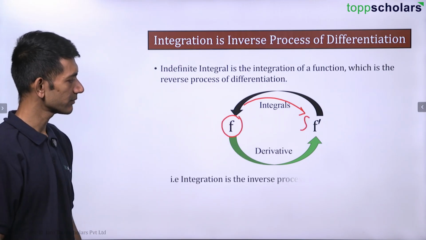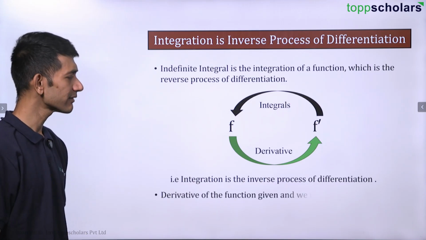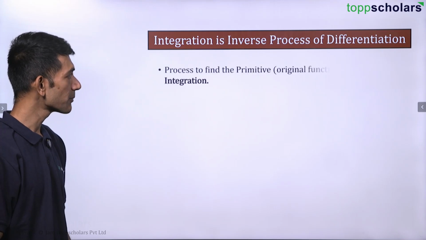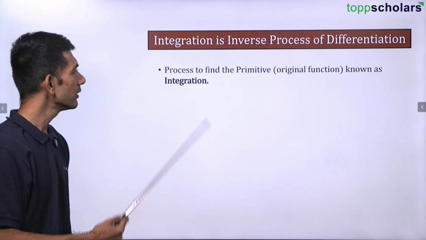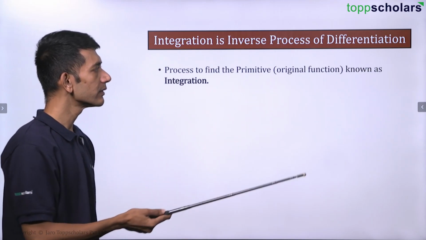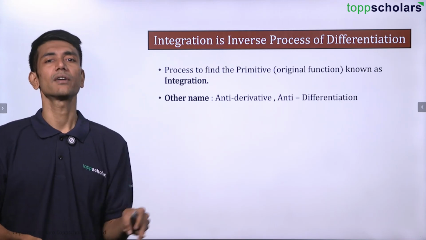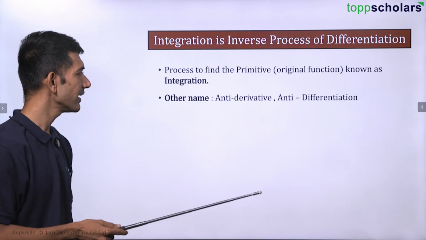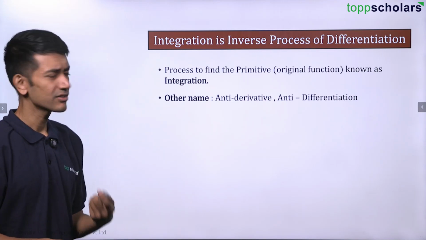That is the reverse of it. So integration is the inverse process of differentiation. All this is basics. We should know the formulae, of course, and then once we know the formulae, we'll solve some problems based on it. The process to find the primitive is known as integration, that is, the process to find out the original function. Integration is also called antiderivative or antidifferentiation.